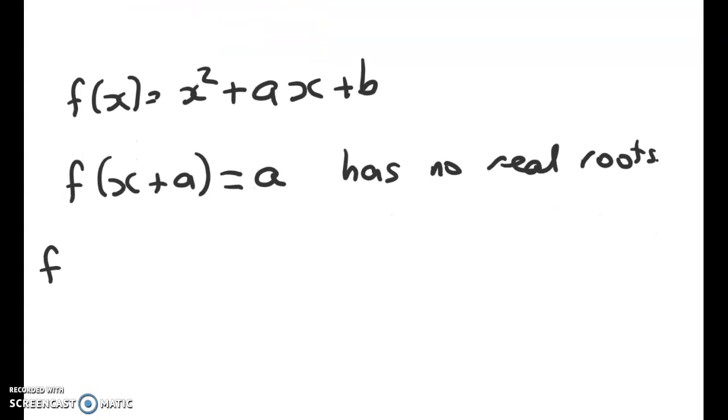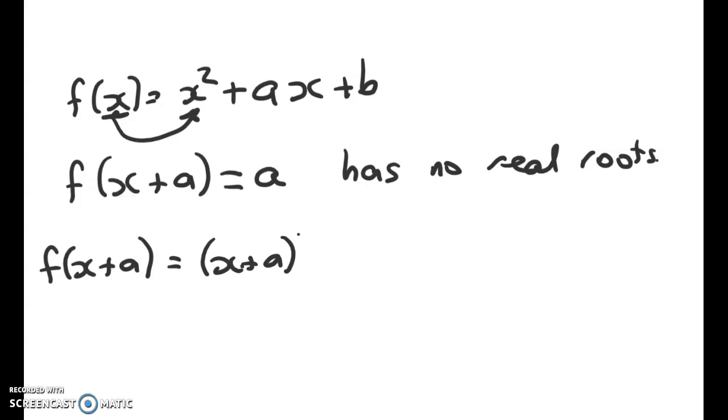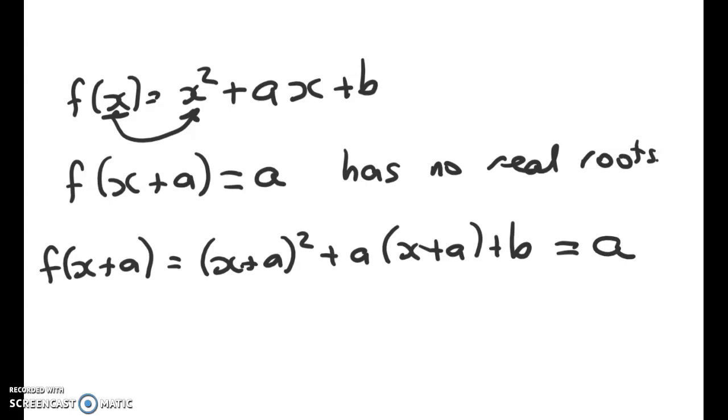So what's f of x plus a? Well, that means that instead of putting x into my function machine, I put in x plus a. And I get x plus a squared plus a times x plus a plus b. And I want to set that equal to 0.